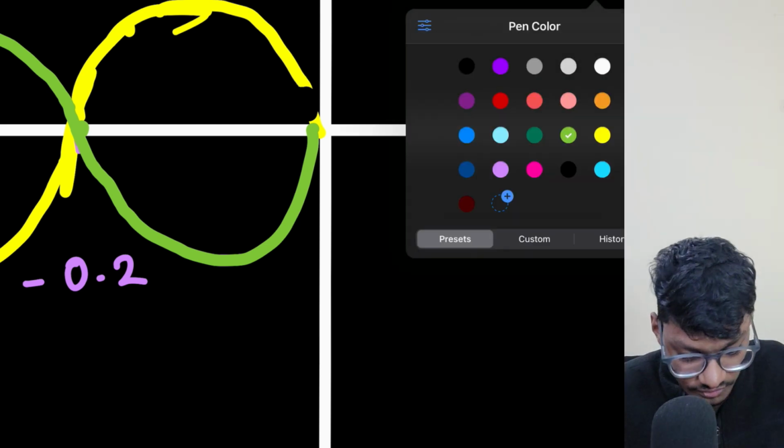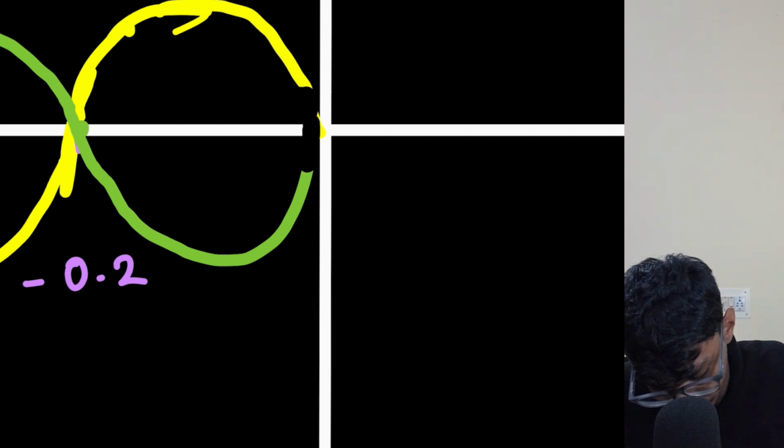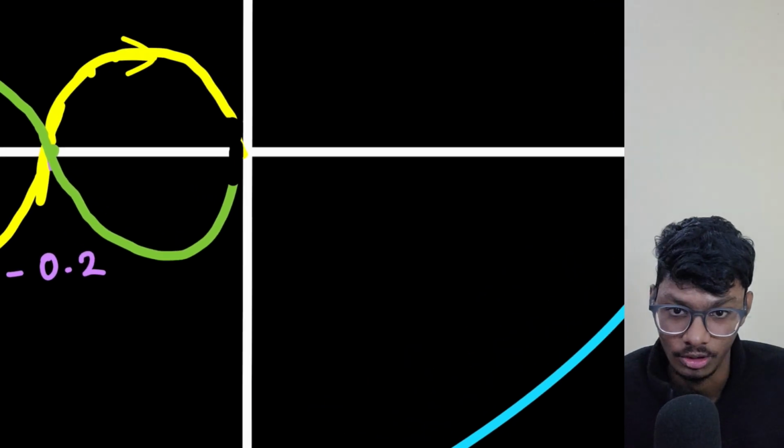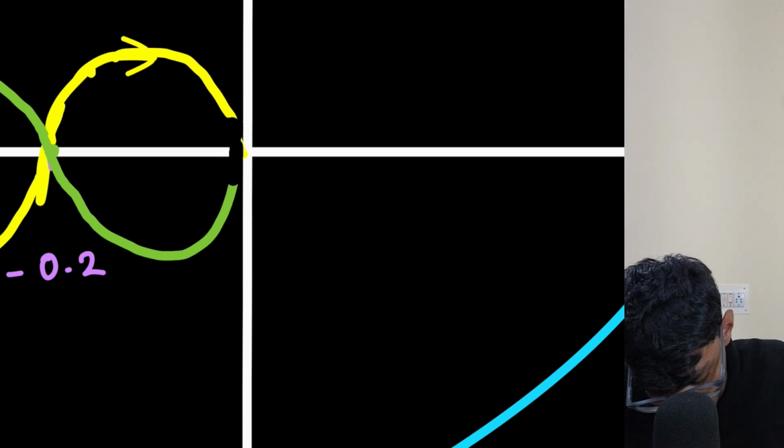So it's the opposite of the previous one. So it will be starting from minus pi by 2, in the anti-clockwise direction.